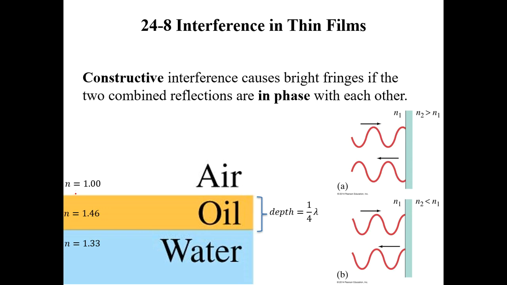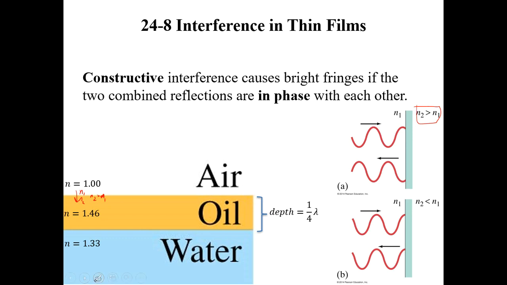So as light goes from the air and hits the oil, the air serves as n1 and the oil is n2. N2 is greater than n1, in which case you're going to have an inversion of the phase with that reflection.